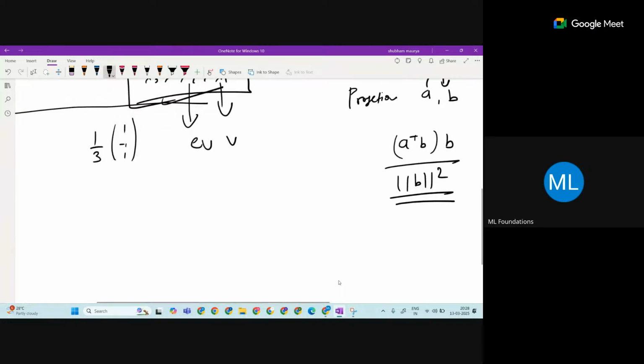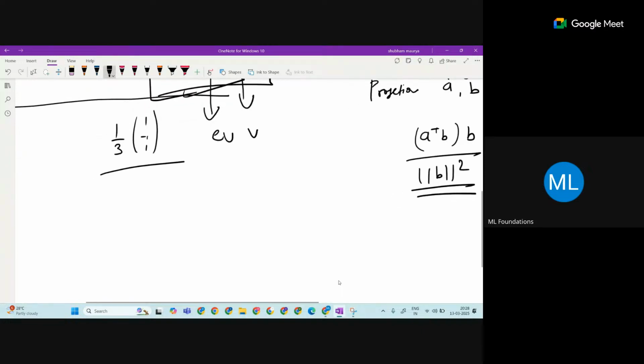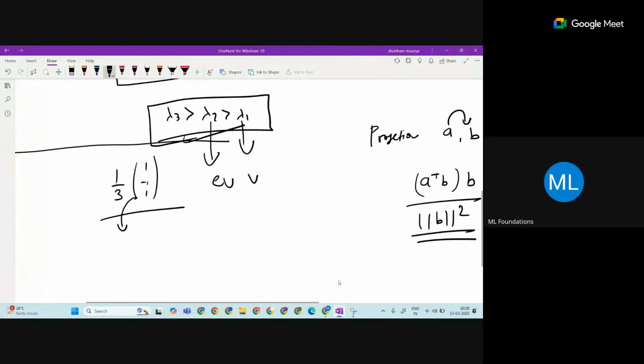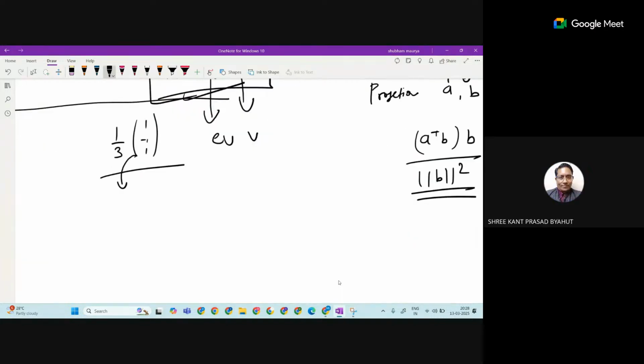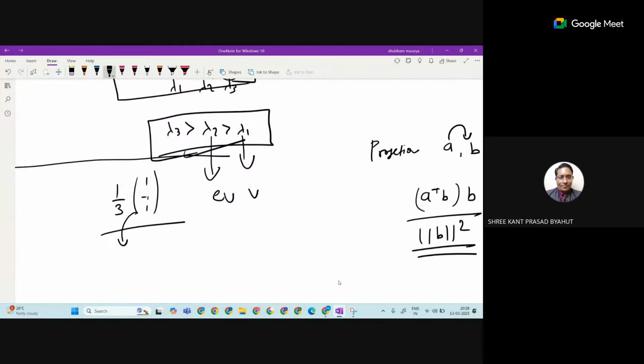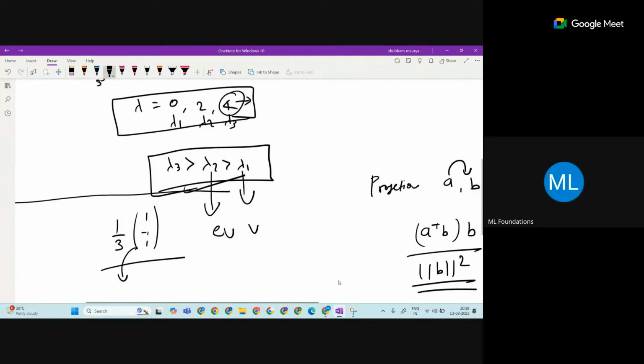But the projection formula in PCA is different. We'll project each time on this principal direction, whatever vector we have. How did you get this direction, 1 minus 1 and 1? For the greatest eigenvalue, if you take the eigenvector, you will get this.